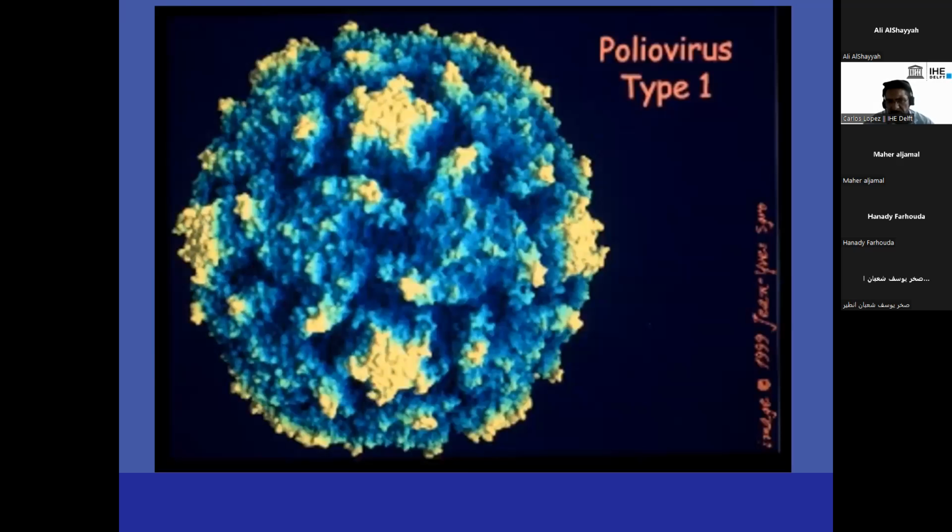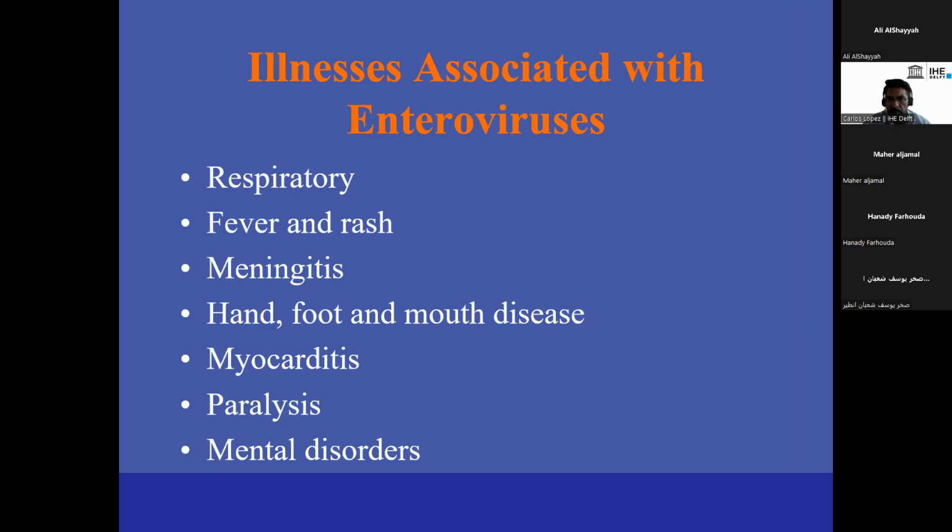And these viruses, well, in the last couple of years, we have seen several photos of different types of viruses. These are micro photographs obtained of these organisms. This is a micro photograph of a poliovirus type 1. They can cause different types of diseases, like respiratory diseases.